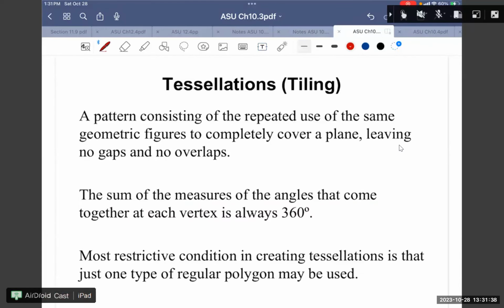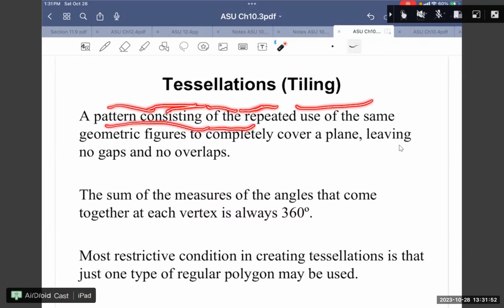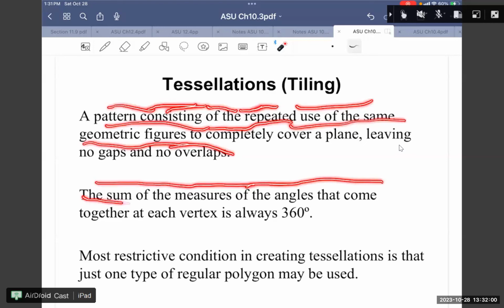So we have tessellation, or tiling. It is a pattern consisting of repeated use of the same geometric figures to completely cover the plane, leaving no gaps and no overlaps. The sum of the measures of the angles around a vertex is always 360.